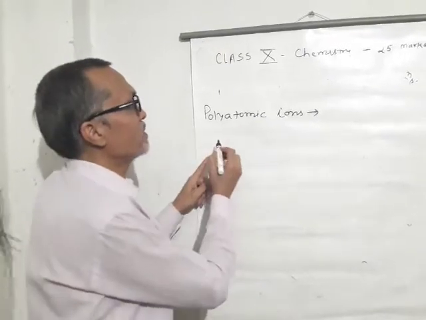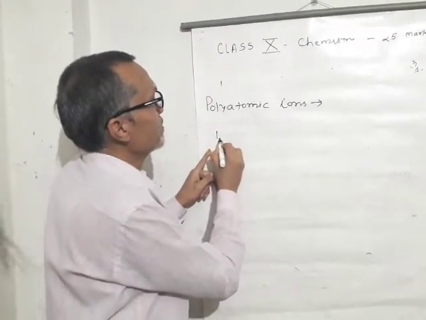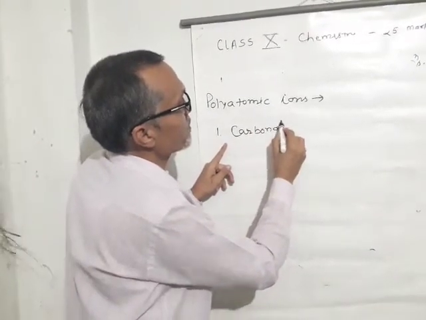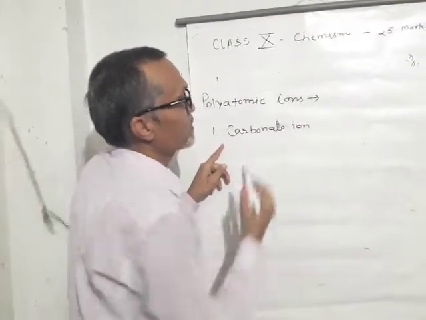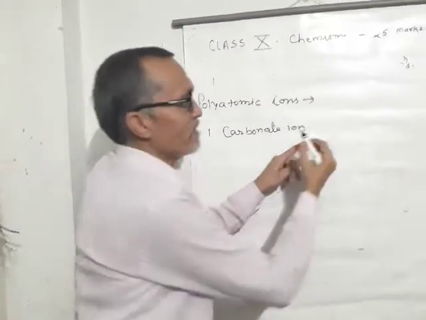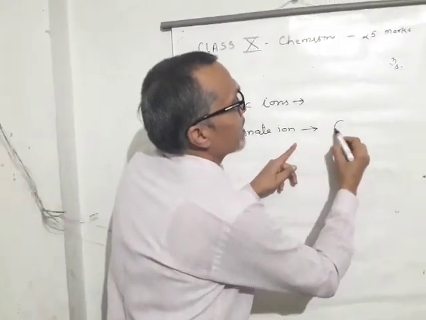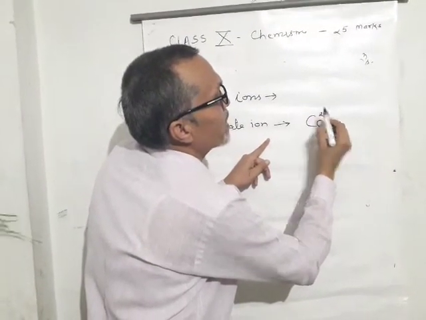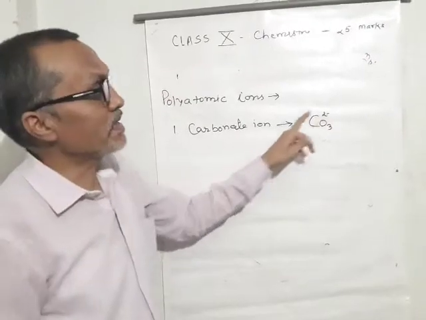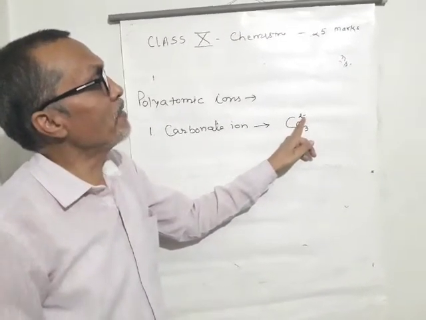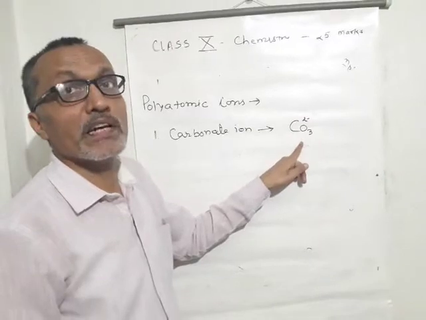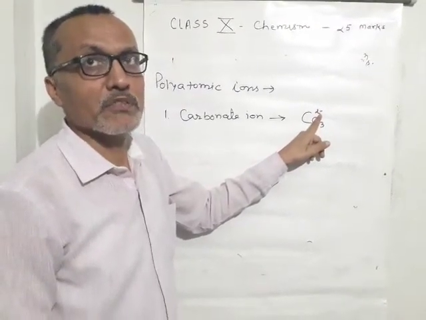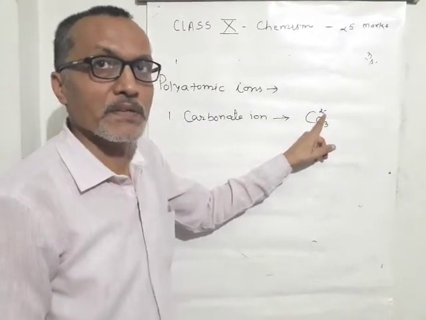So first polyatomic ion, you write carbonate ion. Carbonate ion is written like this: CO3 to the power 2 minus. See, this power 2 minus is its valency, and it will be used whenever you are going to write a chemical formula.